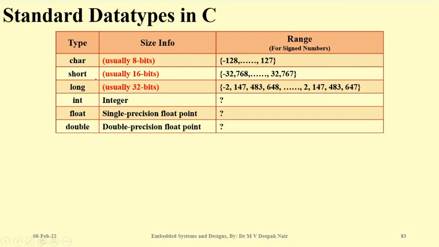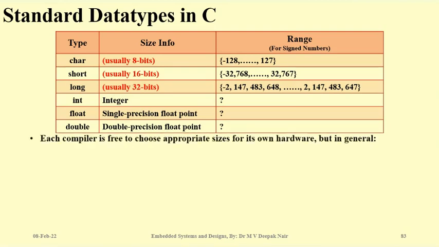Now, like I said, integer is not clearly defined. It may vary from processor to processor, or with the number of bits. Therefore, it became a very big issue for programmers who are actually working on hardware.